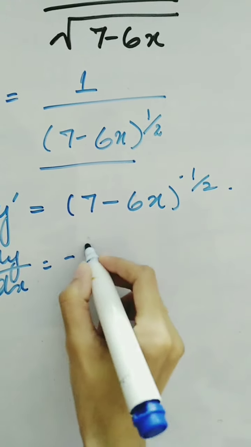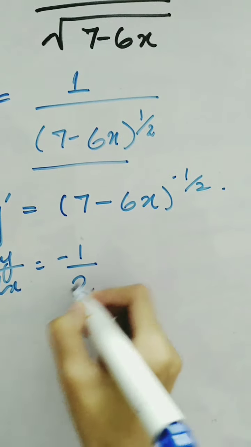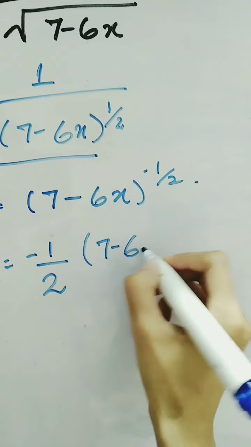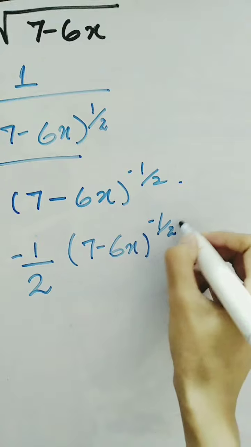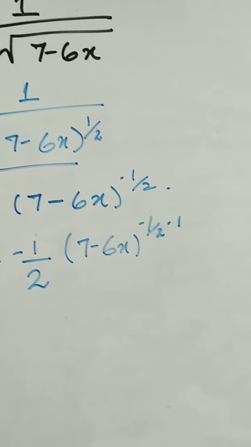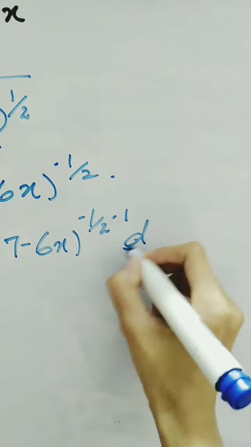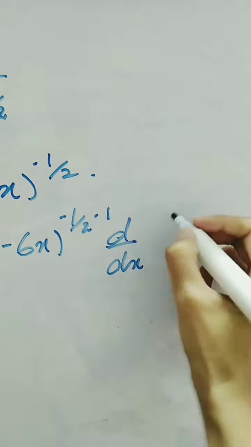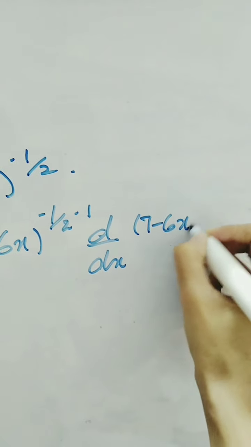we have minus 1 over 2 coming here, and 1 is subtracted from the power. Now we further take the derivative of this expression, which is 7 minus 6x.